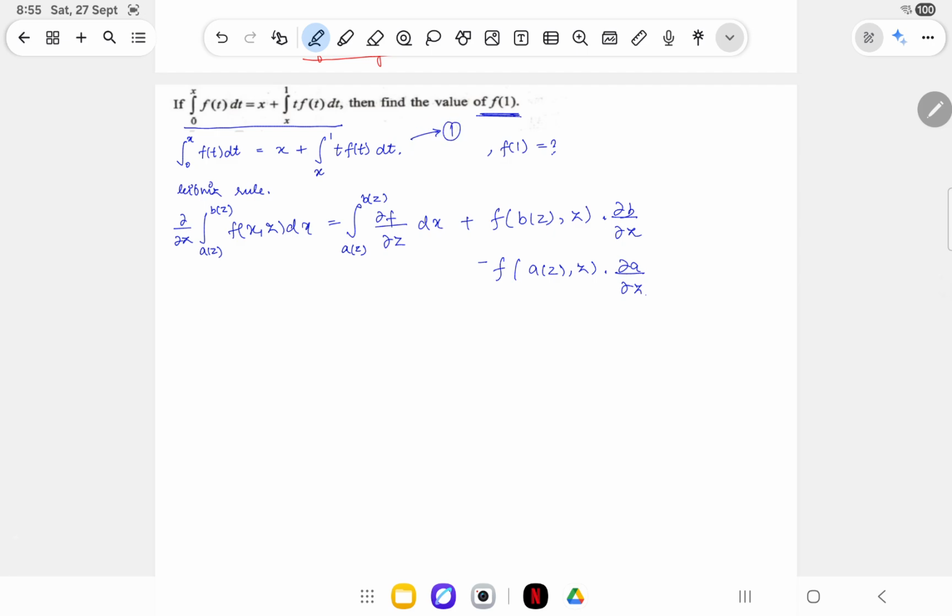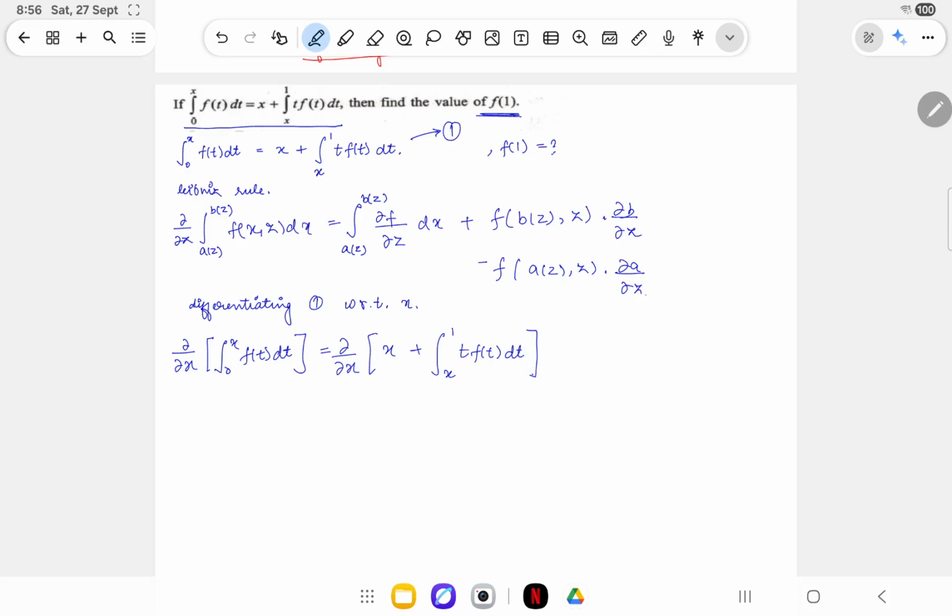So let's differentiate the given relation with respect to x. If we do so, we'll get del by del x of the integration from 0 to x of f(t) dt is equal to del by del x of x plus the integration from x to 1 of t f(t) dt.